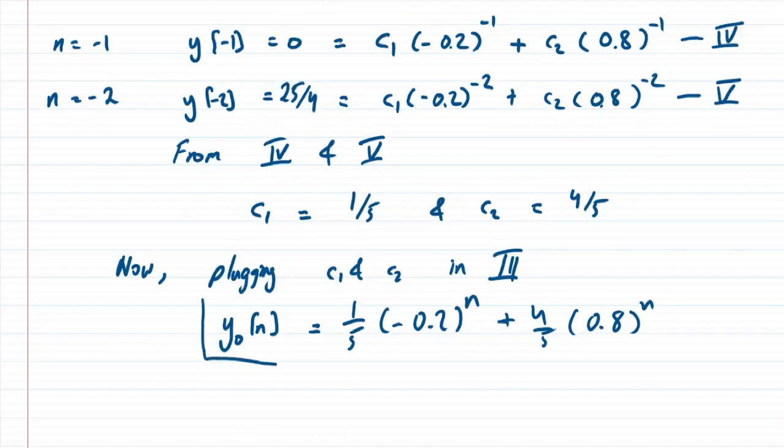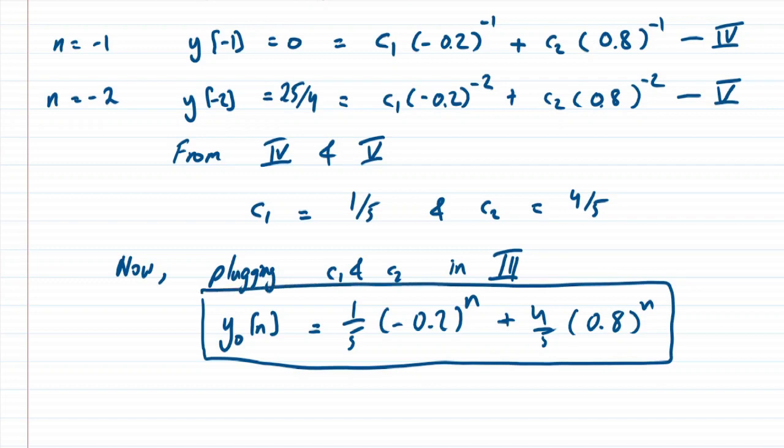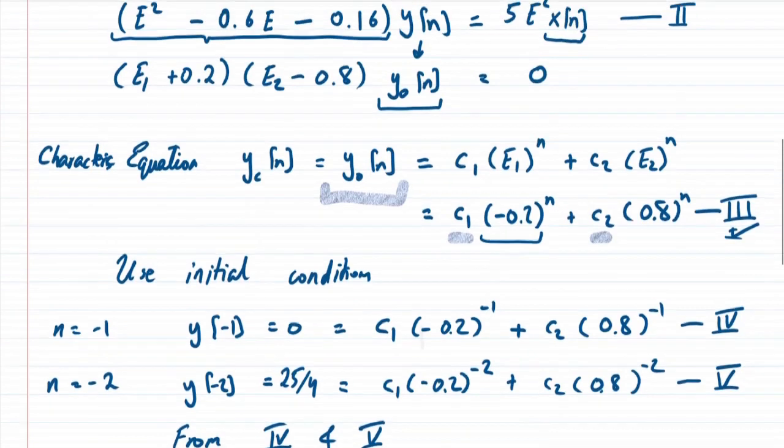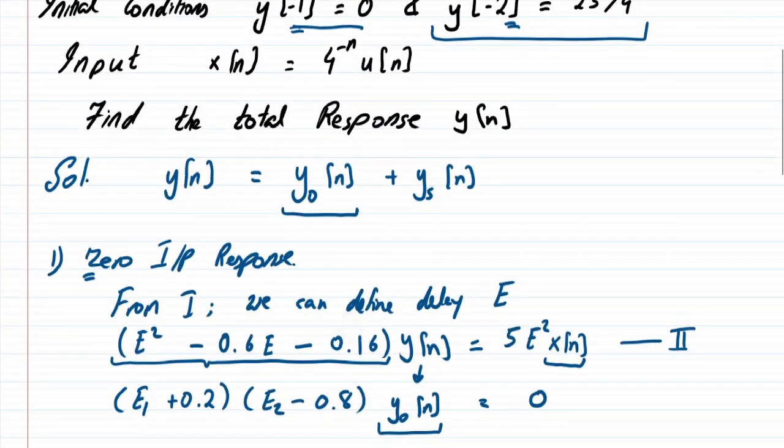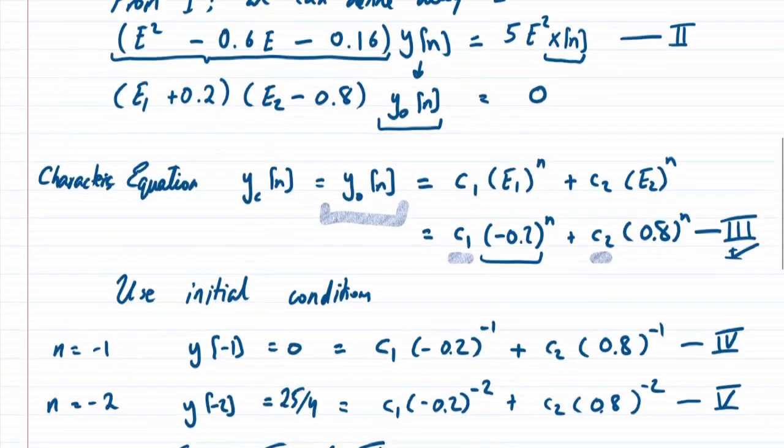So this is our first solution, and that is the zero input response. We have basically found out the first part. Now let us move towards the second part, that is the zero state response.